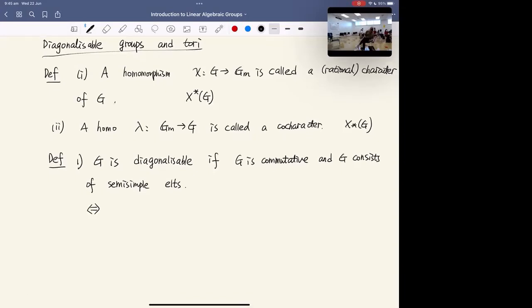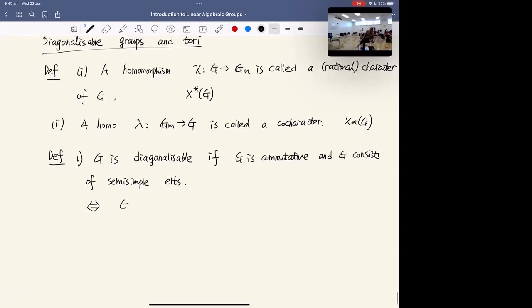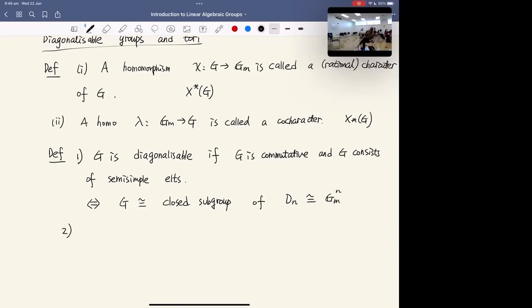So it turns out that this condition is equivalent to the condition that G is isomorphic to a closed subgroup of Dn, which is isomorphic to a product of n copies of Gm. Can you think of a disconnected diagonalizable group?